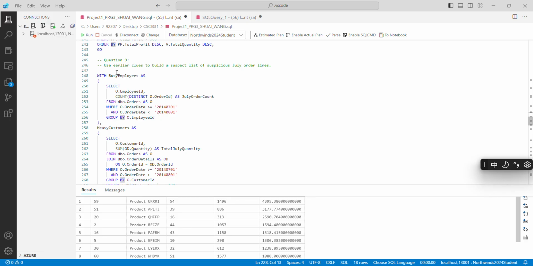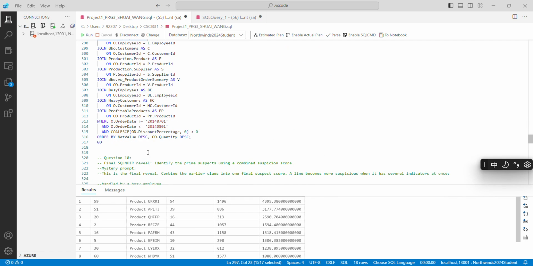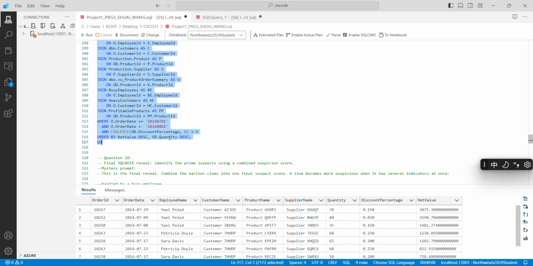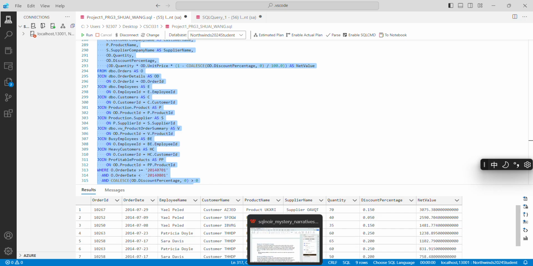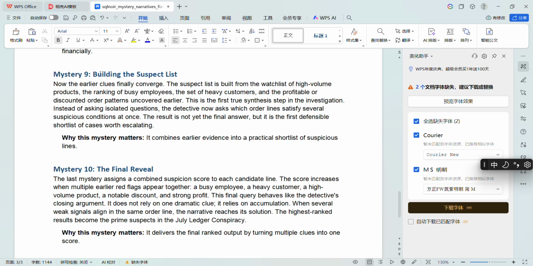Okay, question 9. Use earlier clues to build a suspect list of suspicious jewelry order lines: order ID, order date, employee, customer, product name, supplier name, quantity, discount percentage, net value. Mastery 9: building the suspect list.